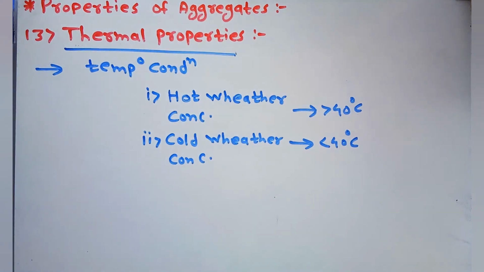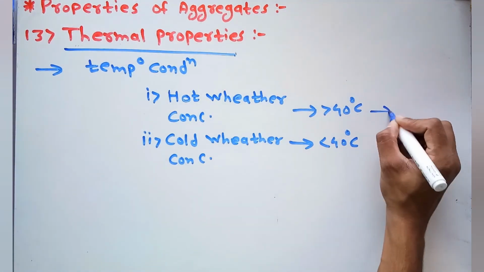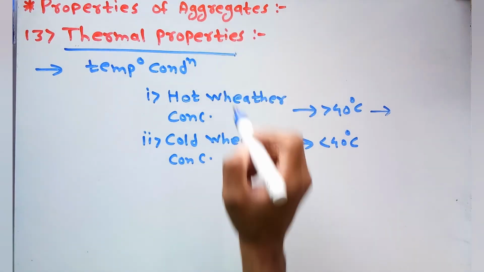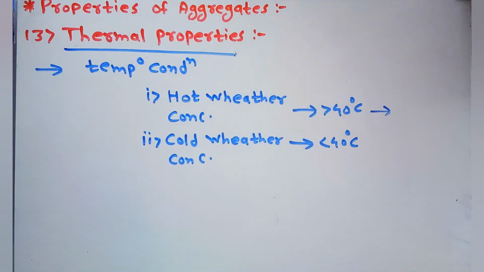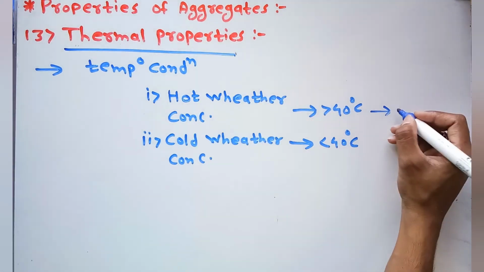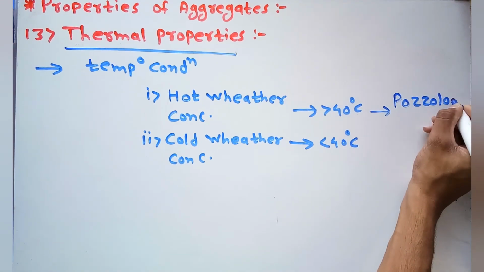Now if we are working in hot weather concreting, then along with the aggregates and cement, the admixture that should be used to reduce the heat of hydration is pozzolana.